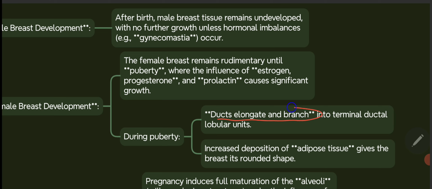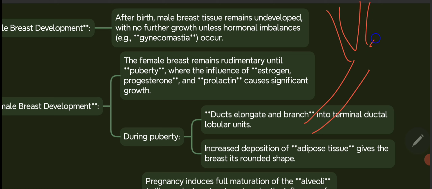Ducts elongate and branch into terminal duct lobular units. Increased deposition of adipose tissue gives the breast its rounded appearance.